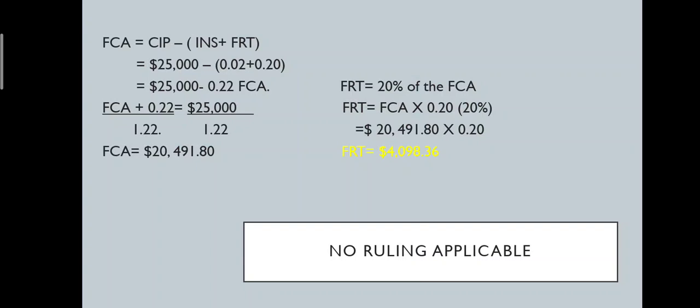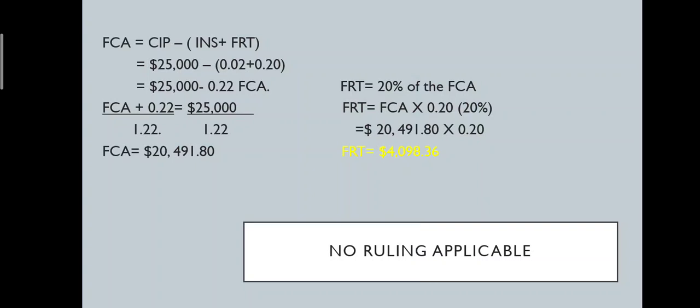Combine like terms. Mabalhin siya sa pikas, so mahimo siyang positive. So FCA plus 0.22 equals $25,000. So nganong ang i-divide man diri kay 1.22?